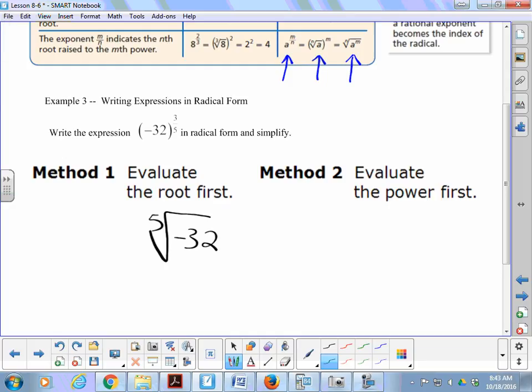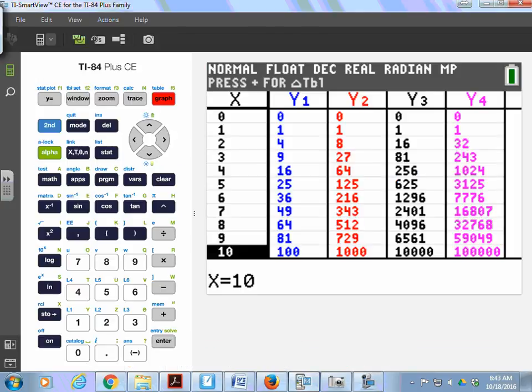So first what I want to do is focus on that. Okay? And so I'm going to look on my 5th power, which is our y4. Okay? Is 32 or negative 32 there? Okay? So we're just looking for the positive numbers. If the positive number is there, then the negative number is going to be the same one. Okay? And so 32 is there, and it's when x is 2.